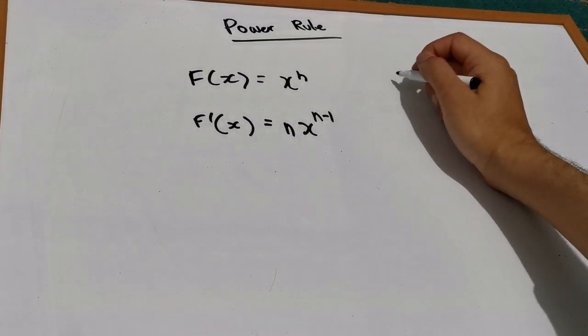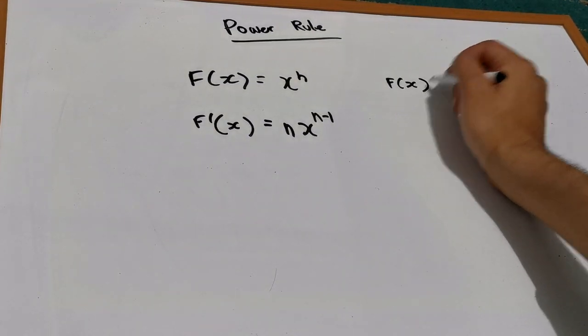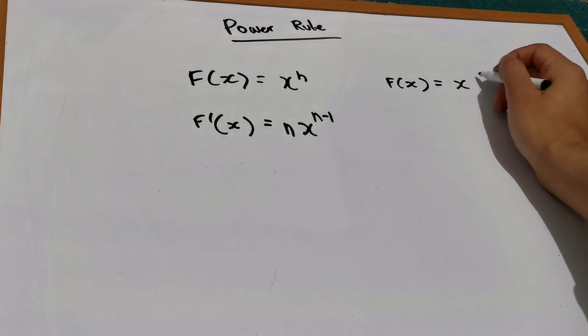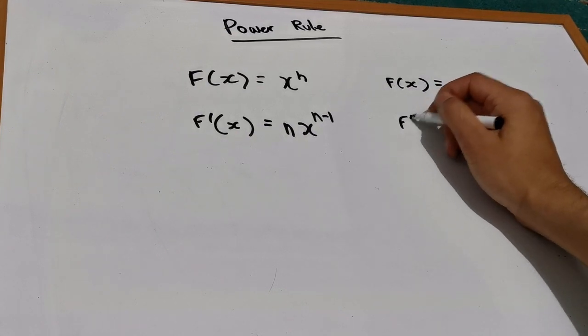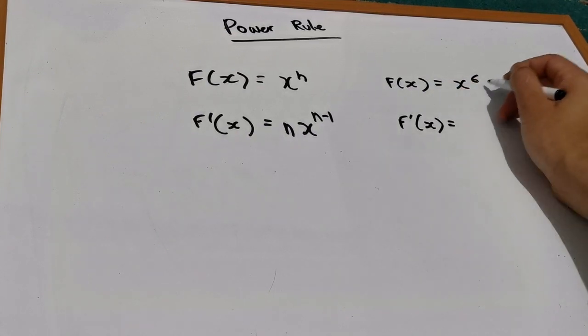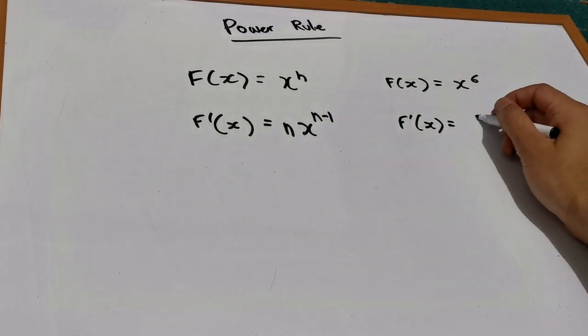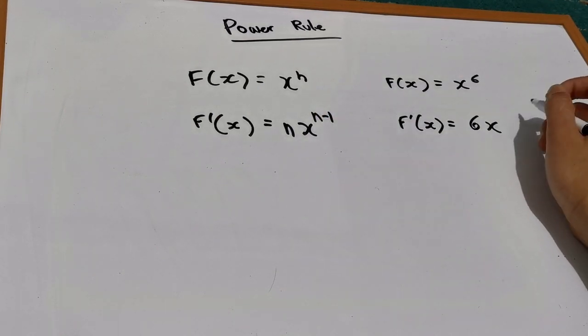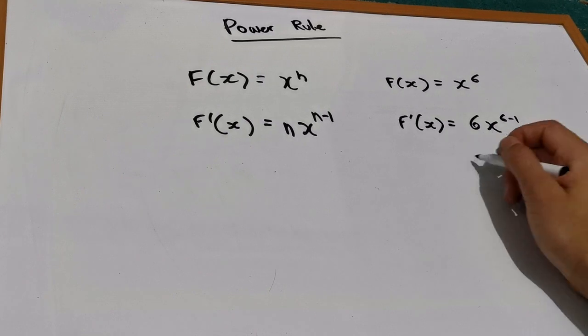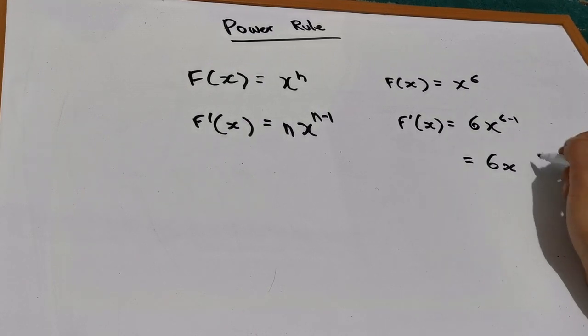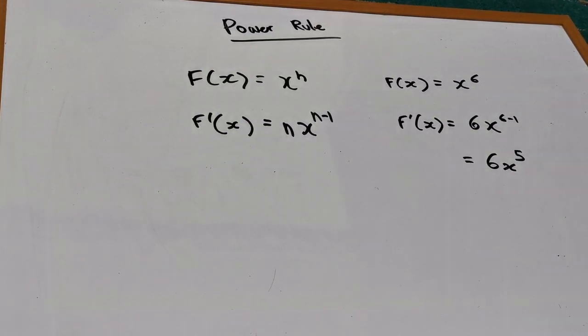So say you were given f of x is equal to x to the 6th, f prime of x would be equal to 6, because n is 6, and then x to the power of 6 minus 1, which is just 6x to the power of 5. And this is the short way of differentiating any single term.